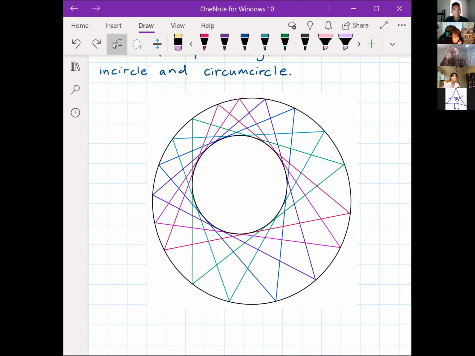Maybe this is just because I don't understand English, but is it clear why it's called porism? Yeah, I think porism is a weird word that no one really knows what it means, but I think it comes from Euclid, who used it.